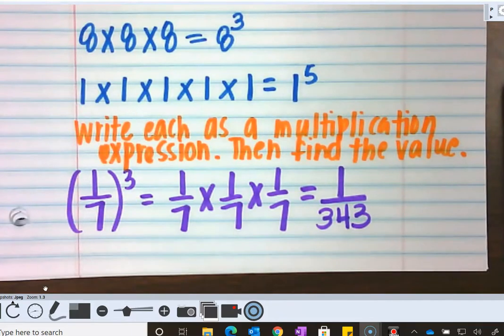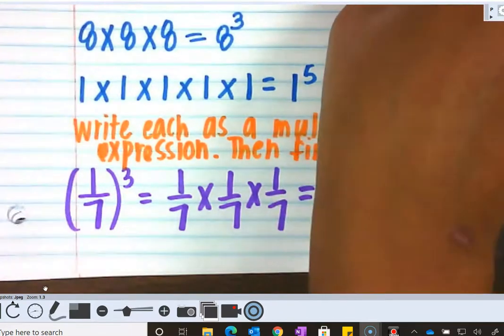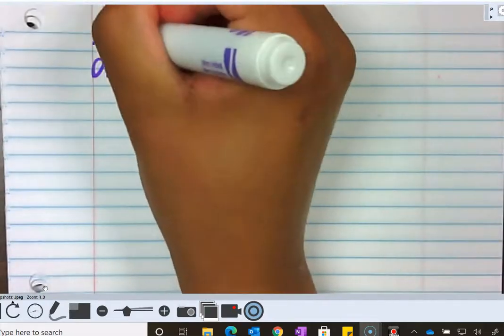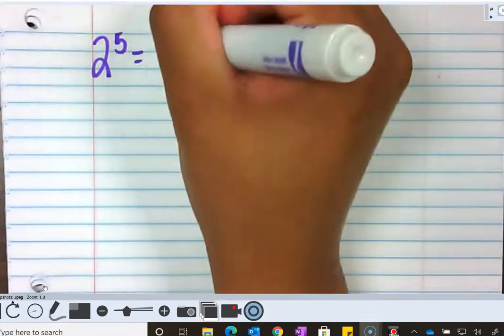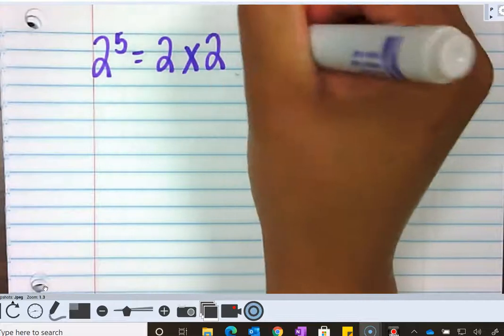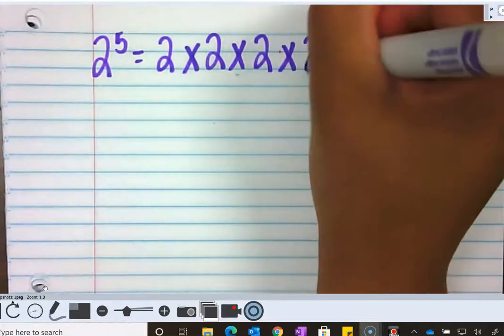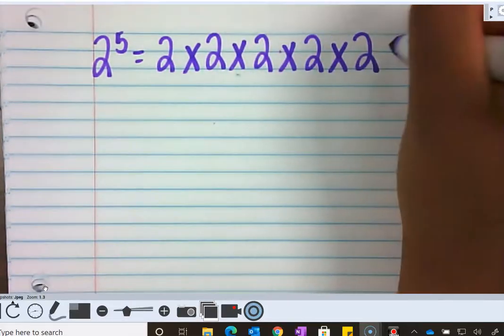All right, let's do another example. So now let's imagine we have 2 to the 5th power. Well, I'm going to do 2 times 2 times 2 times 2 times 2.